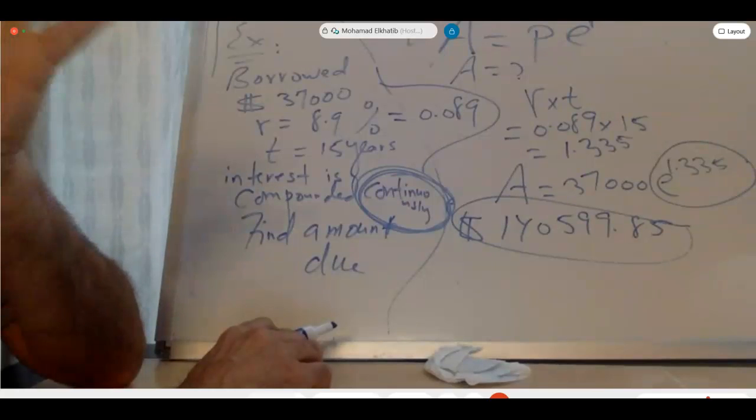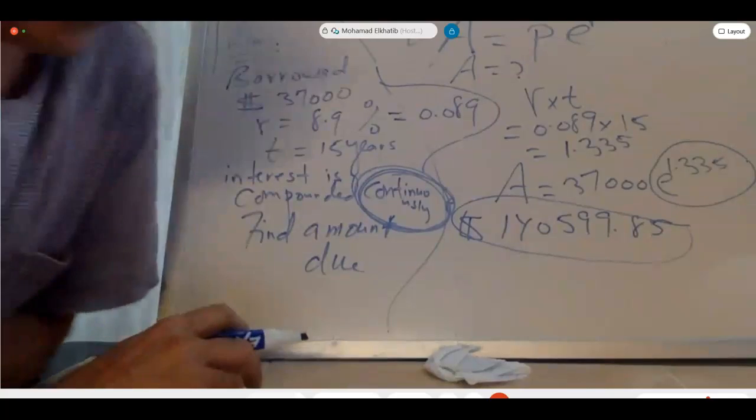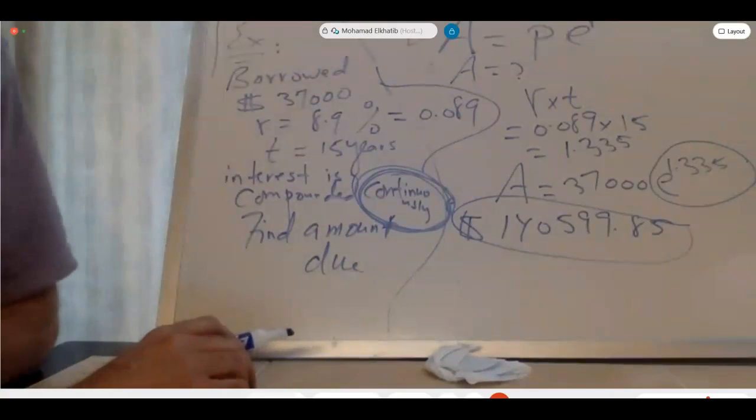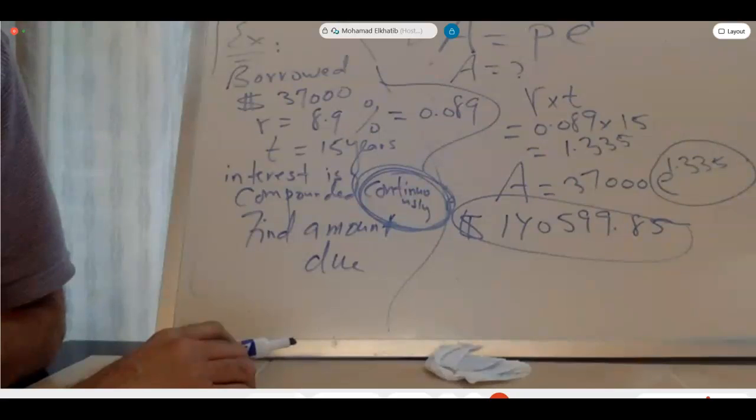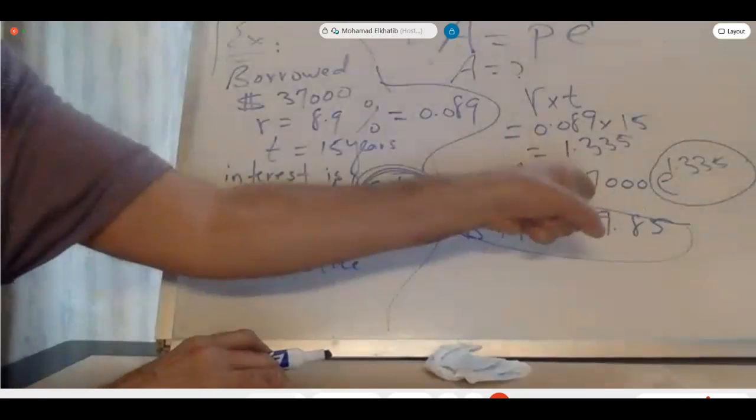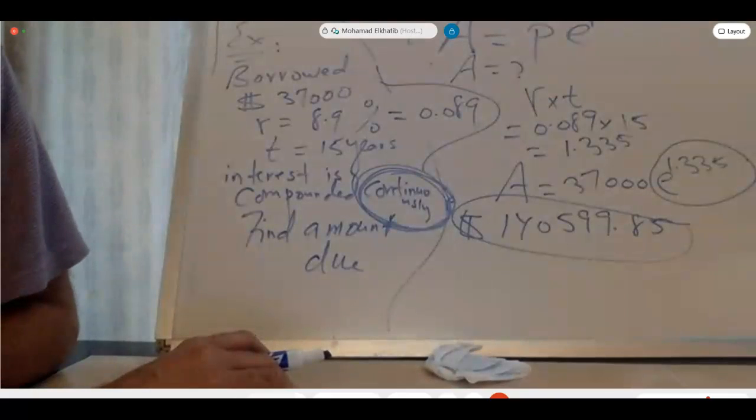That way you don't have to do a lot of work on the calculator. Okay? So who did not get 140,599.85? Did everybody get that answer? Yes. So essentially, when we find the power, which is 1.335, we just put in the e and that's it, right? Very good. And then you're done with this one, and then you just multiply by the number before it. That's it. The answer to that times the number before it.